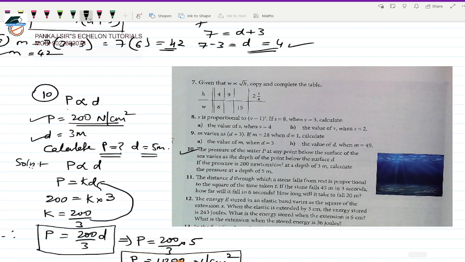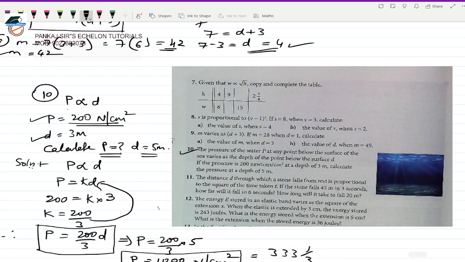So what is the pressure at the depth of 5 meters? At the depth of 5 meters below the surface, the pressure will be 1000 upon 3 Newton per centimeter square. This is how we have to deal with this particular question. The answer given is in mixed fraction form: 1000 divided by 3 can be written as 333 1 by 3.